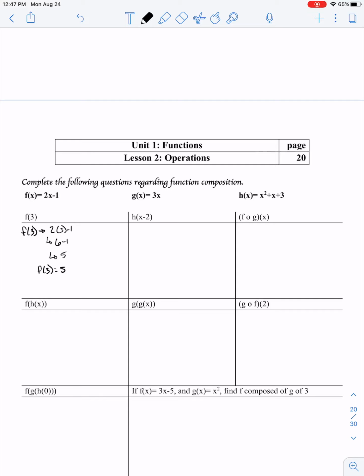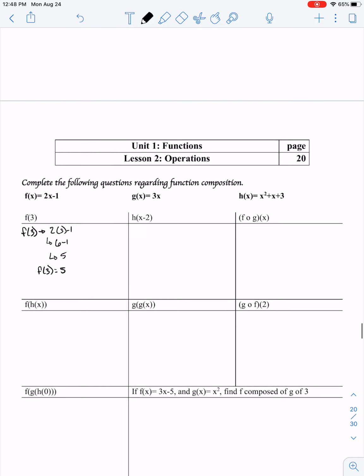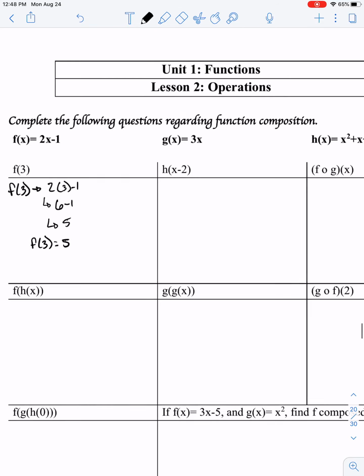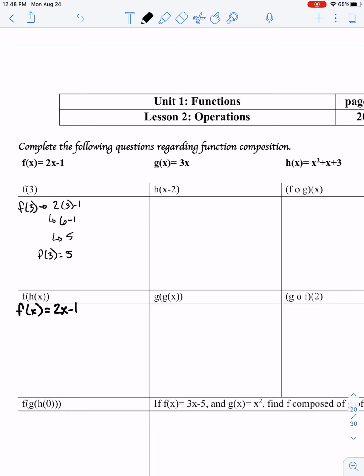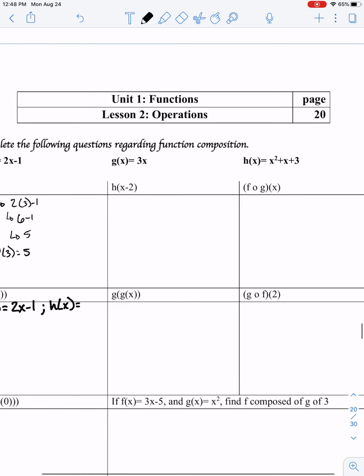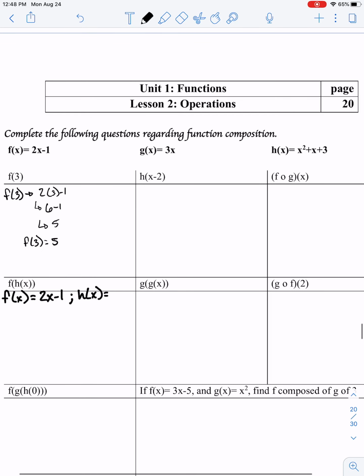Now, I'm actually going to do a composition, and I'll do f of h of x. When I do compositions, I like to write what the actual functions are. f of x is 2x minus 1. h of x is x squared plus x plus 3.